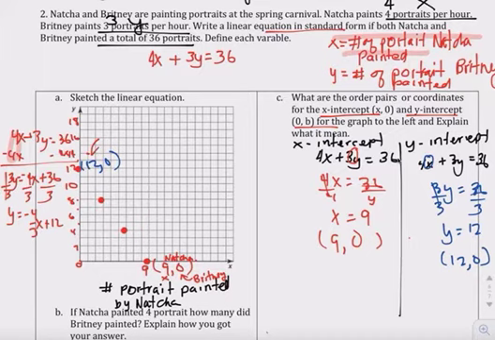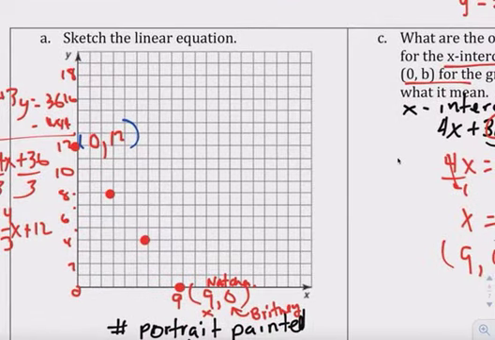Brittany painted, uh-oh, wrote wrong. Aha, I denied you guys a free homework fast. I'm sure you can find other careless mistakes I've made. That is Brittany, right? Brittany painted 12 and Nacha painted 0.